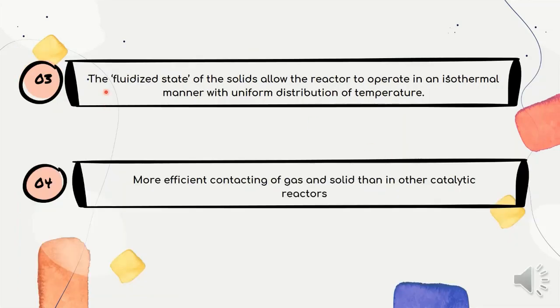Next, the fluidized state of the solid allows the reactor to operate in an isothermal manner with uniform distribution of temperature. It means that usually the reaction for a fluidized bed reactor is an exothermic reaction. So of course it will release heat.